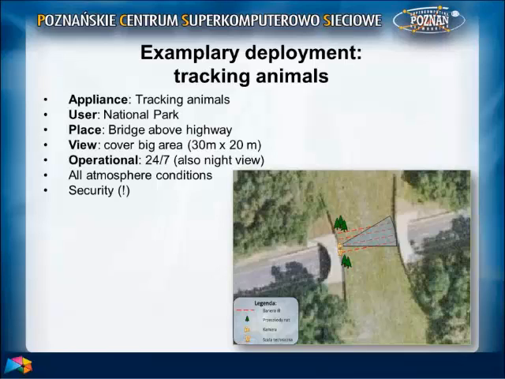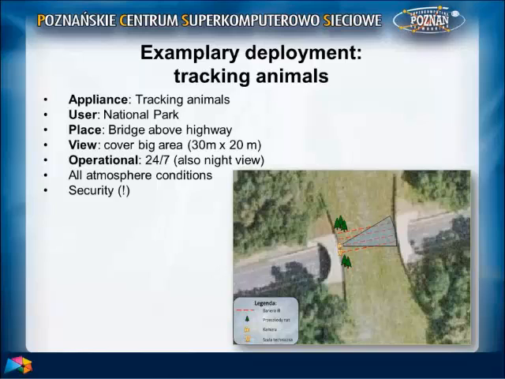So the requirement was to cover a quite large area of the bridge, about 30 meters by 20 meters. So ultra high definition was necessary. It must have been operational 24 hours per day and 7 days per week, so all the time, and also to be operational during the night.